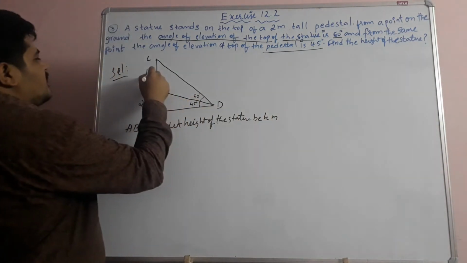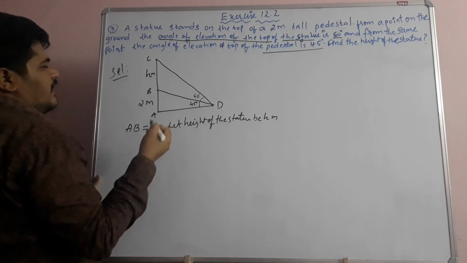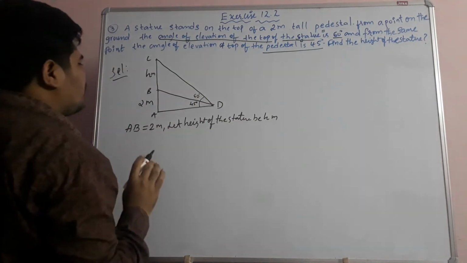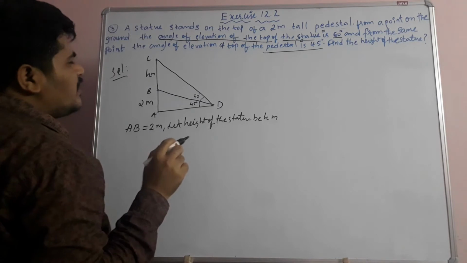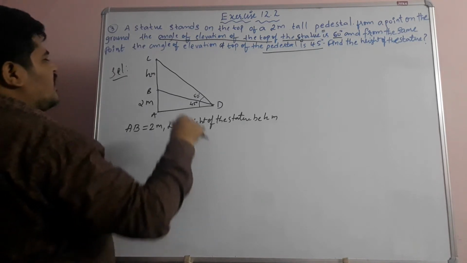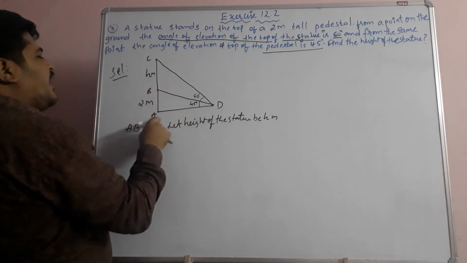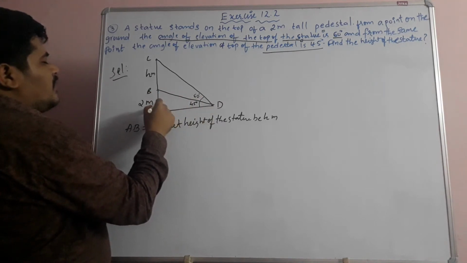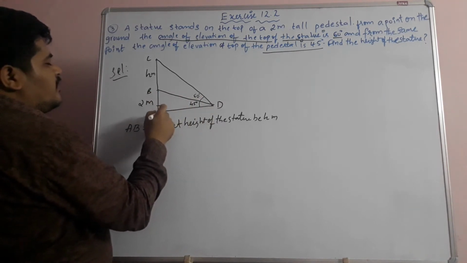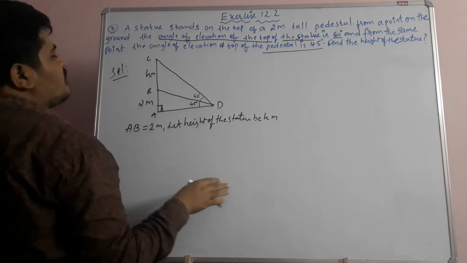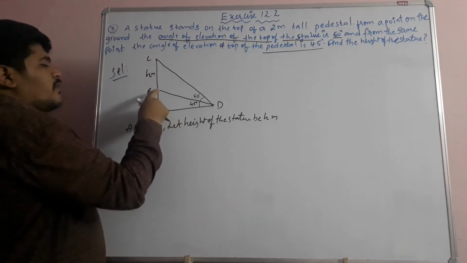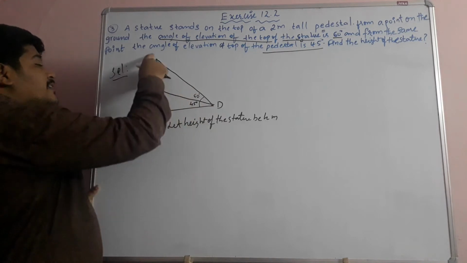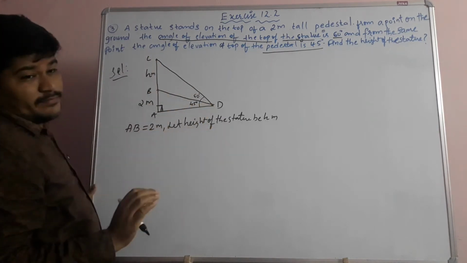The angles of elevation are also given. Here we need to take two triangles: triangle BAD, where A is a right angle because the pillar stands perpendicular, and triangle CAD also.